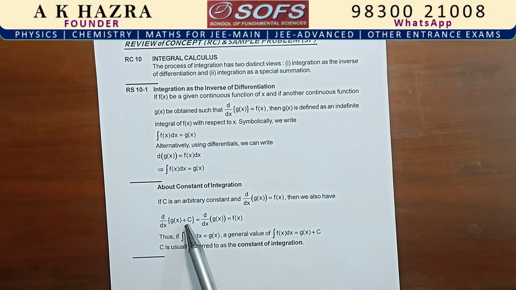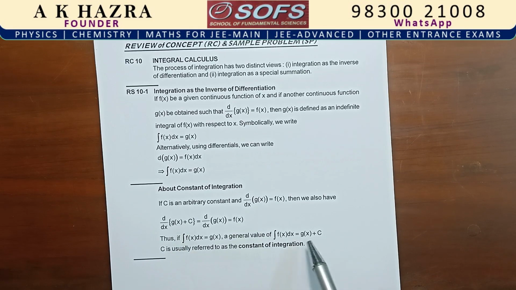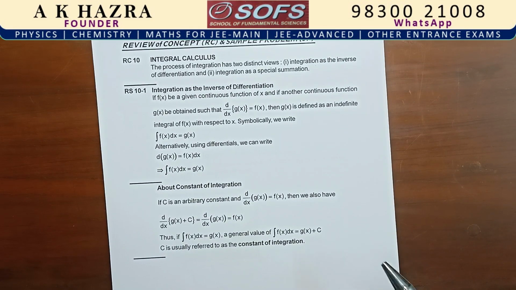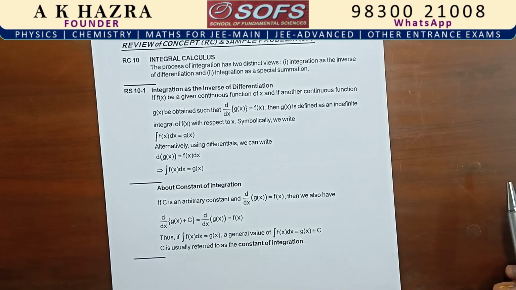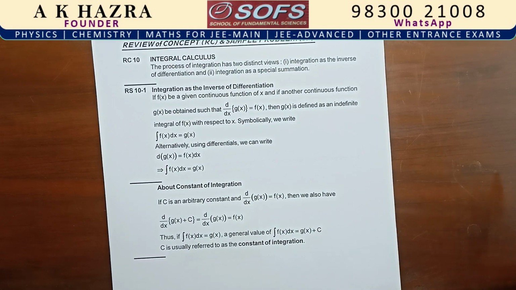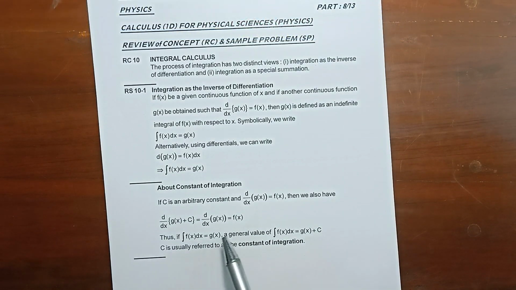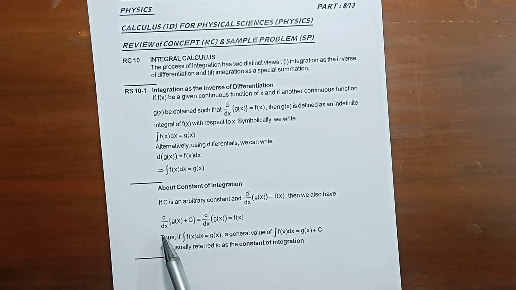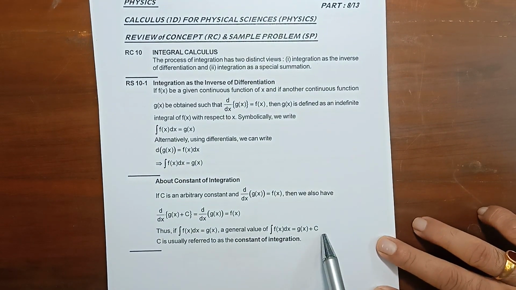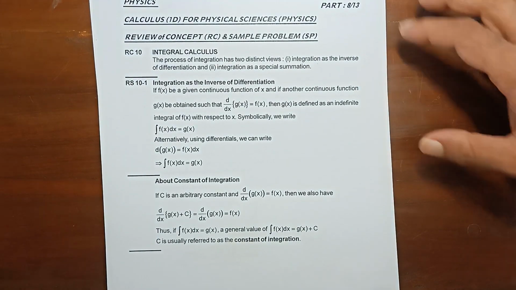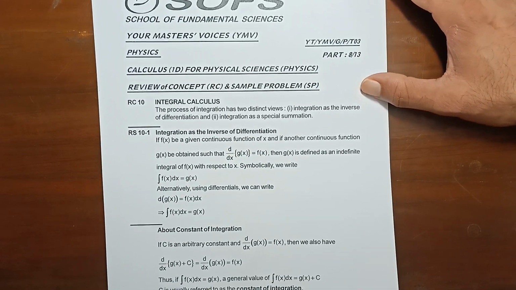Integration of d of g(x) plus c. d of g(x) plus c is equal to what? g(x) plus c. In the result also I will show you integration of dx equals x. Integration of dm is equal to m. Integration of d f(x) is equal to f(x). Alright, so here also you see integration of d of g(x) plus c is equal to g(x) plus c. And this c is called constant of integration.